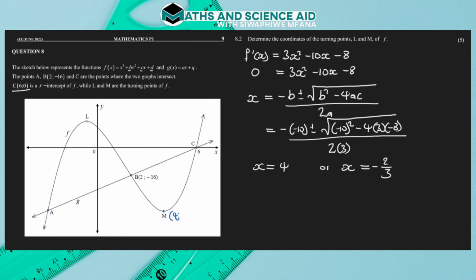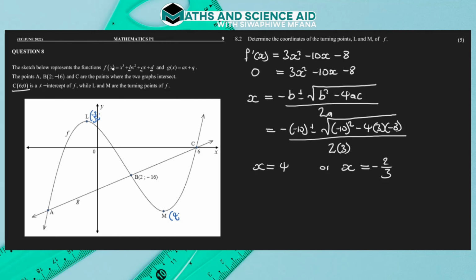However, L has a negative x value, as you can see. So that x value is clearly negative 2 over 3. This is just something that you can always do when you have a sketch, to confirm if your answers make sense. So now let us go ahead and work out the y values.